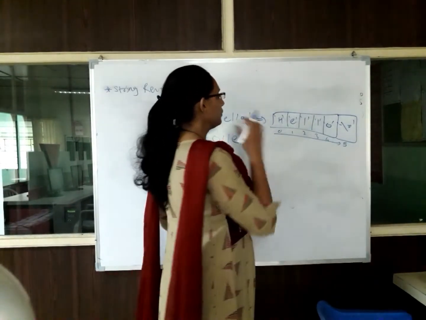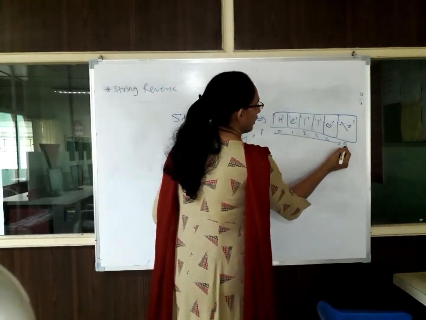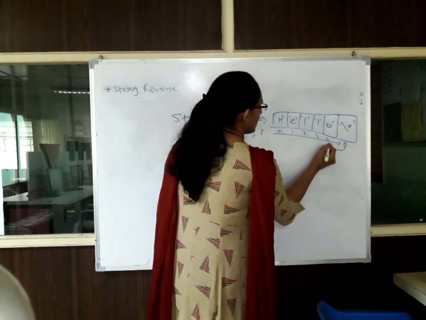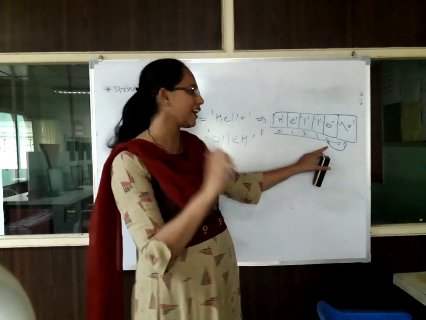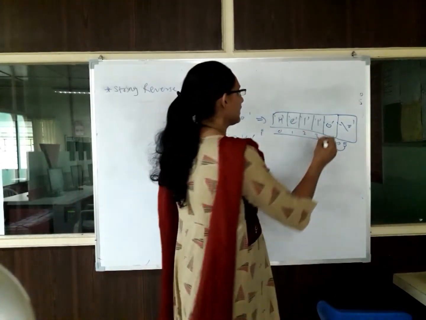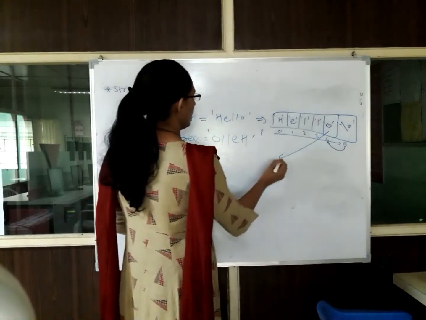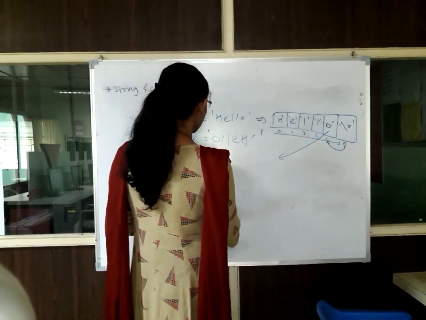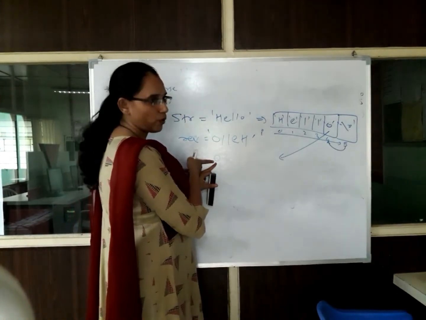Here we get the end of string. So if we decrement i by 1, that means the fourth location, where I have the last character of the string. This last character I will put in the reverse string at the first location, that is 0. So reverse of 0 contains O.